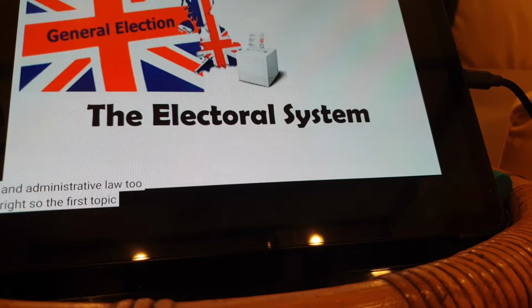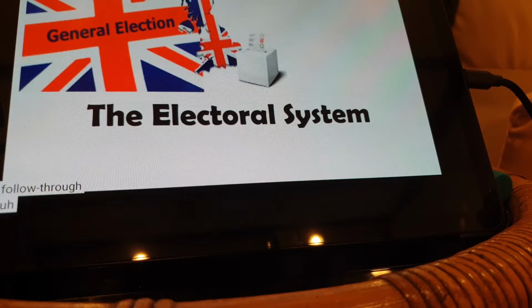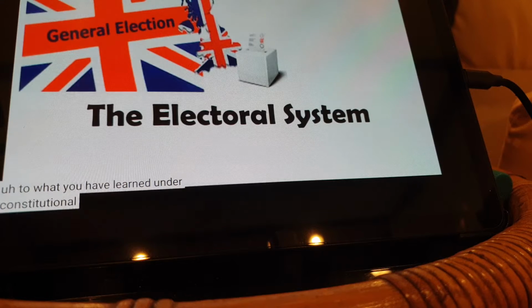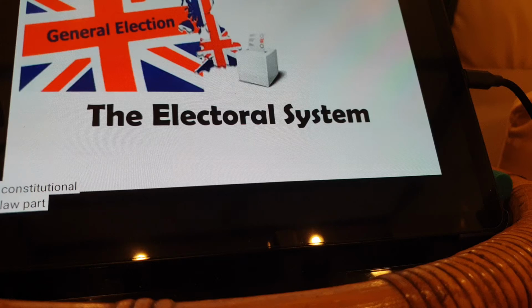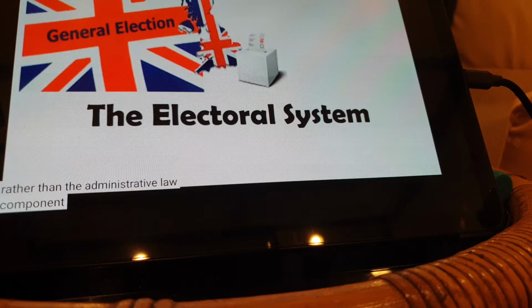The first topic is on the UK electoral system, and this is actually a follow-through to what you have learned under Constitutional and Administrative Law 1, simply because we are still looking at the constitutional law part of the modules rather than the administrative law component.